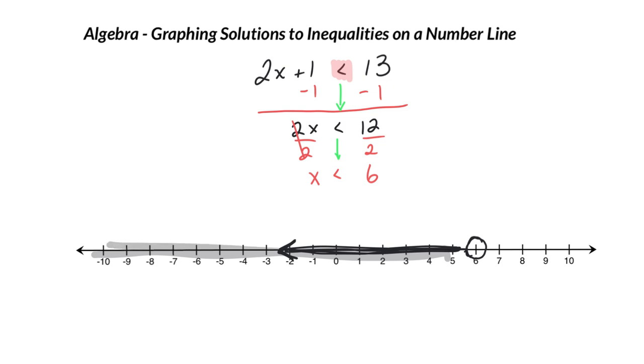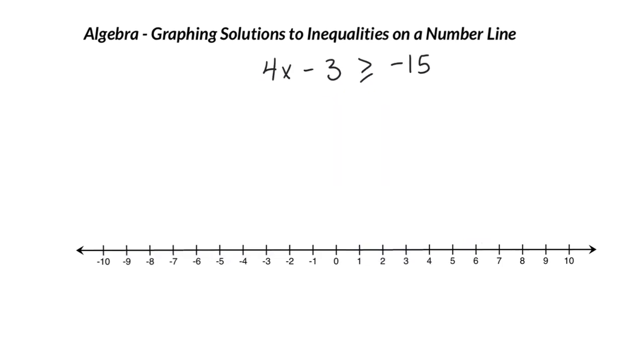Let's do another example. So 4x minus 3 is greater than or equal to negative 15. So again, we're going to be graphing an entire solution set. Now, let's begin by saying, all right, we're going to ignore that and work around it. So we're going to begin by adding 3 to both sides.